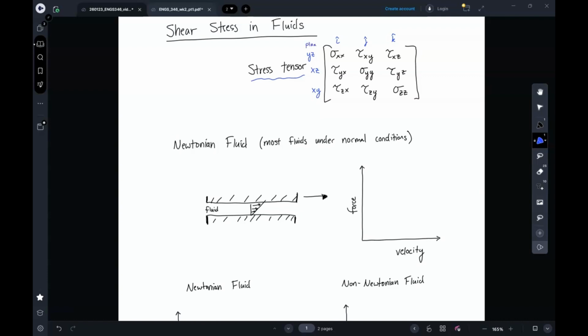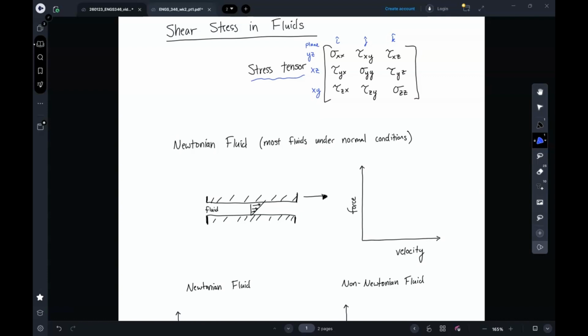We're not going to talk too much in detail about the stress tensor, but in general, if you have a general force acting on a fluid, we get all of these different stresses inside. So this is going to be important for understanding how fluids move, how they respond to forces.